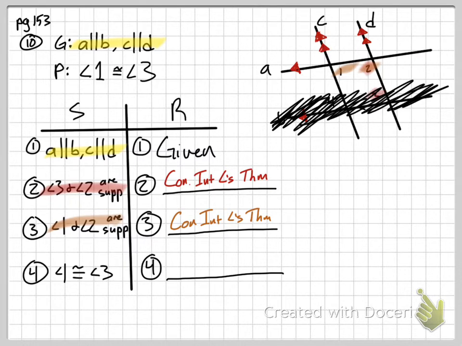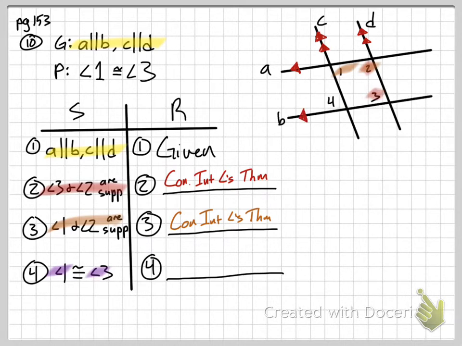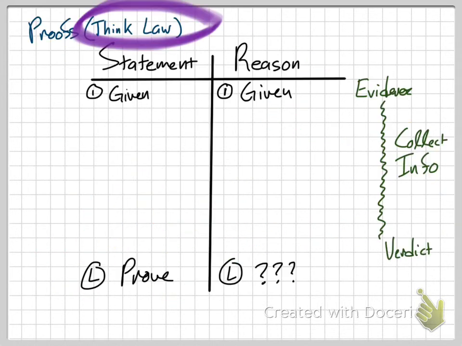And so now we're to our last step. We need to prove that 1 and 3 are congruent. So we need to state that angle 1 and angle 3, those 2 are congruent. And this is our new theorem that we covered today.